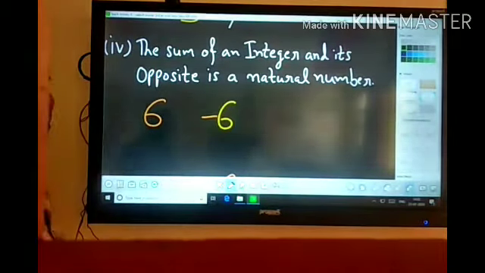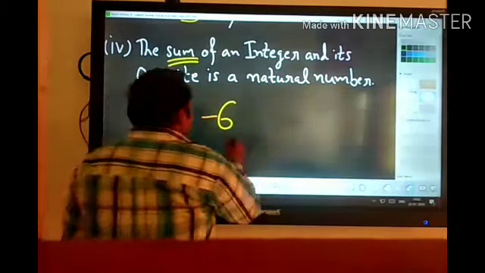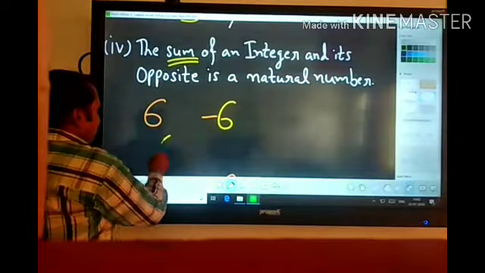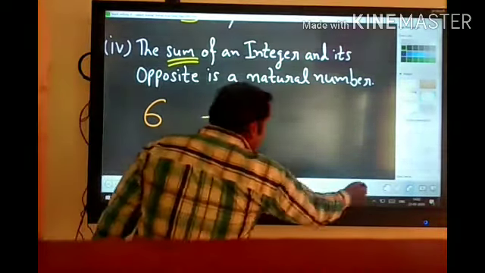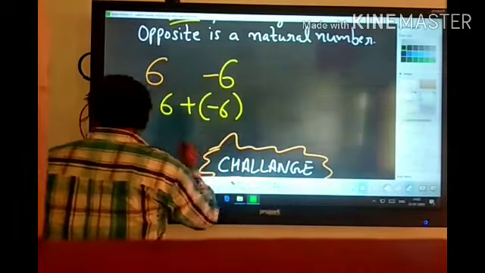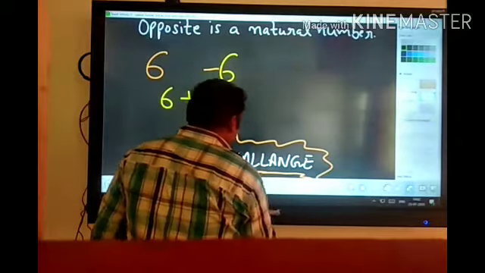As we know, 6 and minus 6 are opposite to each other. So let us see what happens when we add two opposite integers. Now 6 plus minus 6.